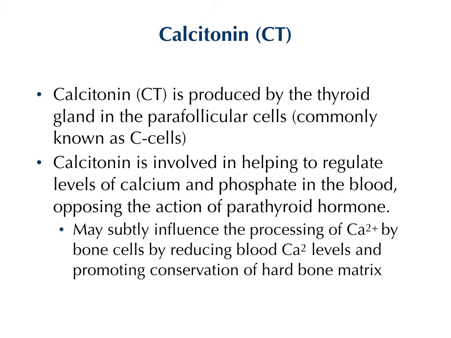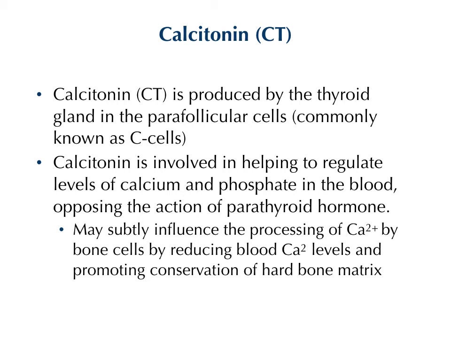Calcitonin has the ability to decrease blood calcium levels. One way it does this is by suppressing resorption of bone by inhibiting the activity of osteoclasts, the cell that is known for digesting the bone matrix and releasing calcium and phosphorus into the blood.